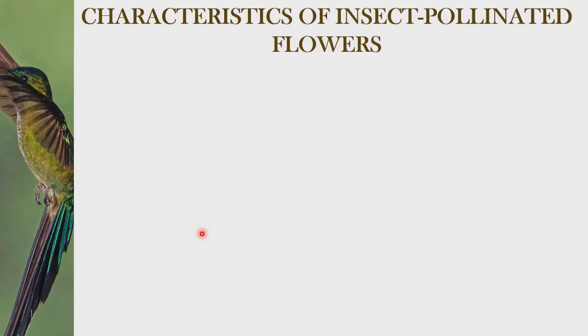The mechanism of insect pollination involves the insect visiting the flower in search of food. During this time, the insect becomes covered with pollen from matured anthers.